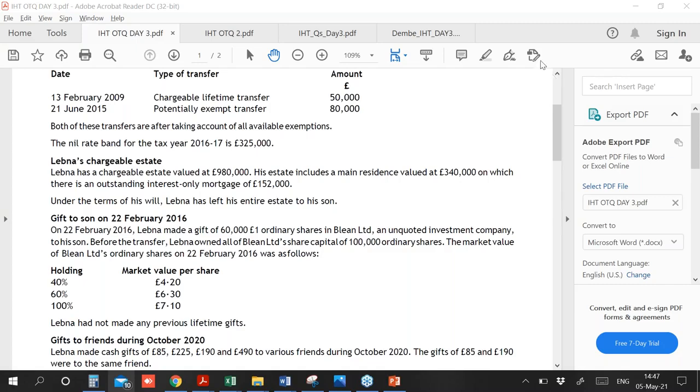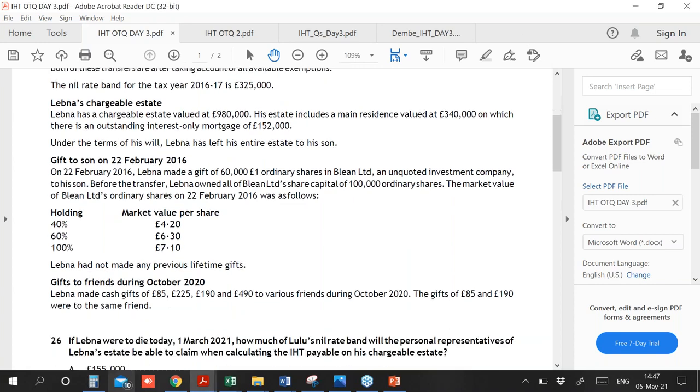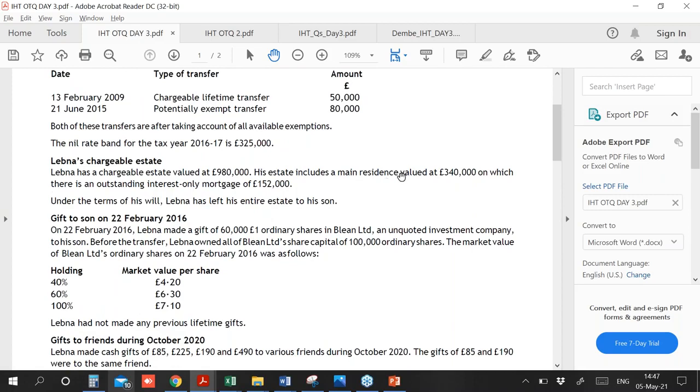So if we read the question again, it is clearly written here that the residence was valued at 340 less 152 of the interest only mortgage, which means that although we have 350 as our RNRB available, our property is less than the 350.